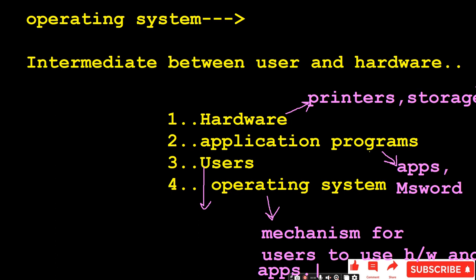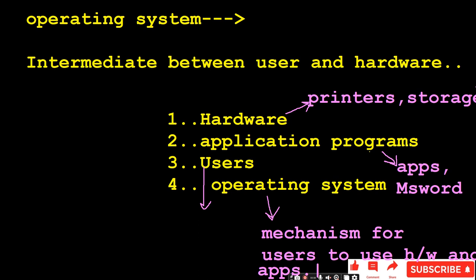Without an operating system, the user cannot use the computer's hardware. You might have seen that when we purchase a computer system and the operating system is not there, we are unable to use it. Even a mobile phone contains an operating system. If the operating system is corrupted or damaged, you cannot use the services of the mobile system.